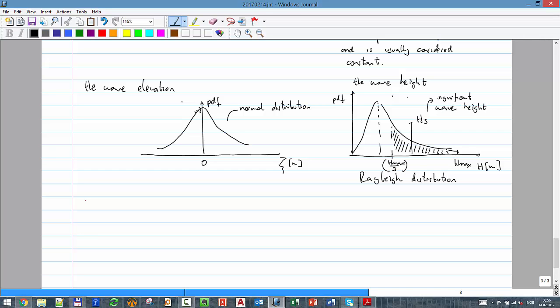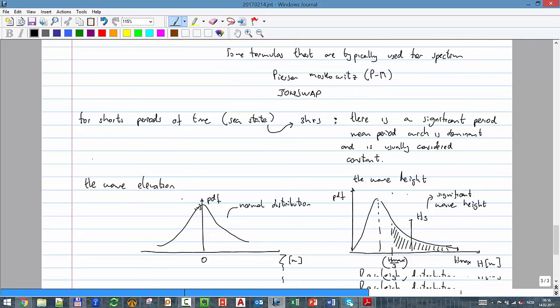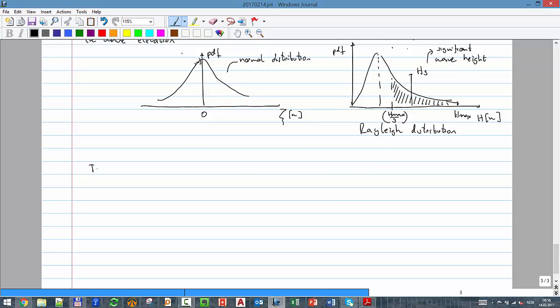And with these two numbers, TS and HS, we characterize a C state. So if someone asks, for these 3 hours, which waves do I have to consider?